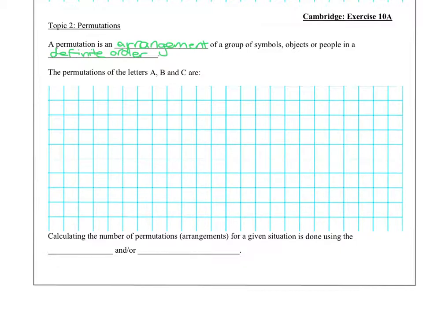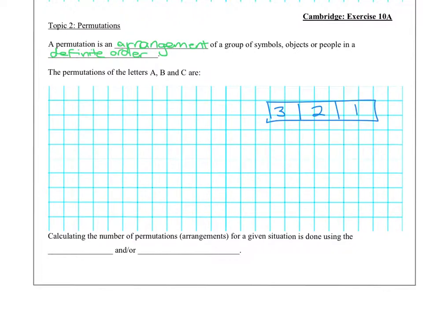And if we think about that, if we did our little box thing again, how many different things could we put in box 1? 3. But if we're using one of the letters up, we won't use it in the next box because we want to use all 3 letters. So there's only 2 in our next box, and then there'll only be 1 left over.